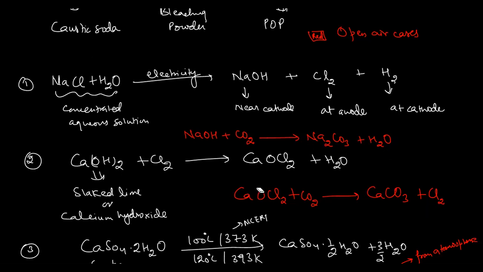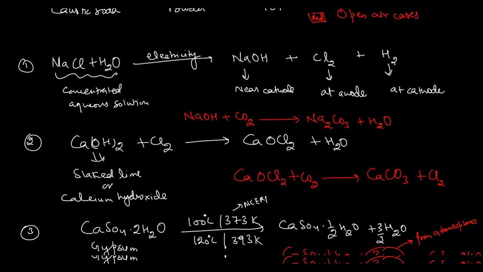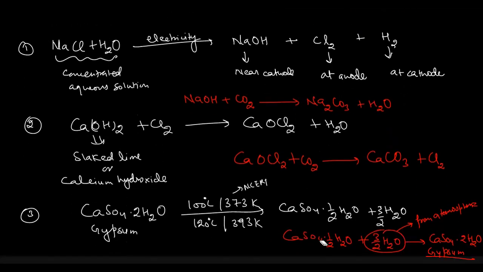So the work that bleaching powder does, the bleaching or decolorization purpose for which it is used, is just because of the chlorine present in it. If there is no chlorine, there will be no use of this. This is just simple calcium carbonate, which is not bleaching powder. So it will be of no use, therefore we should always keep it in an airtight container. And the last one is calcium sulfate, CaSO4 dot half H2O.